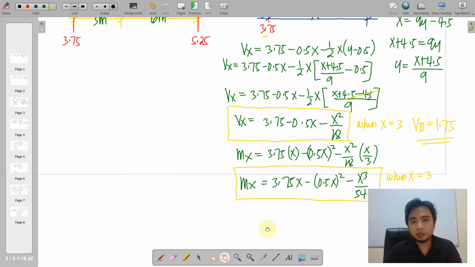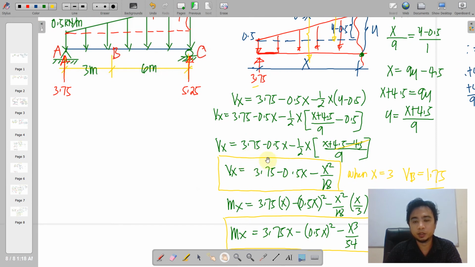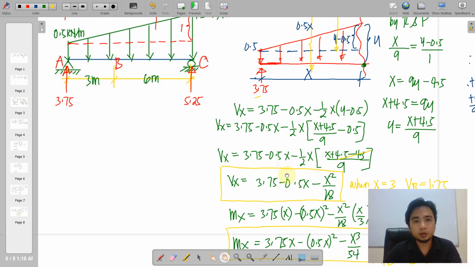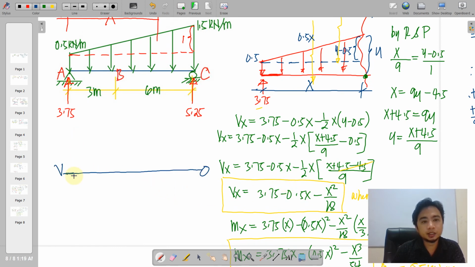Now, establishing our illustration here or the diagram, you can always use this one. And then doing it by graphical method, we have for the shear, let us consider this 0 line here. From A, we have an upward 3.75.